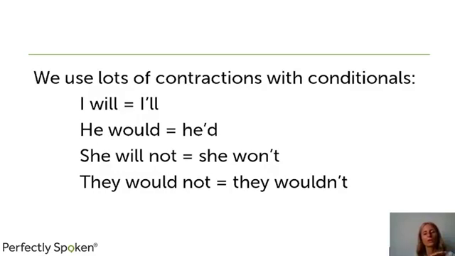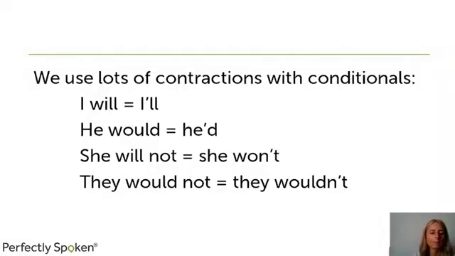They would not, they wouldn't. Okay, sometimes you don't hear these sounds when people are speaking quickly, but with practice, as your English improves, you can hear the contractions and understand what conditional is being used. Or you can guess, you can infer the contraction that should be there.